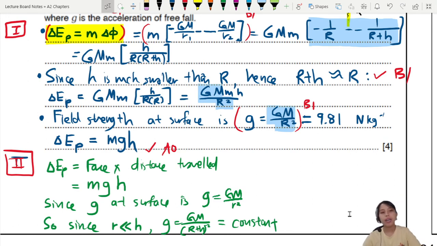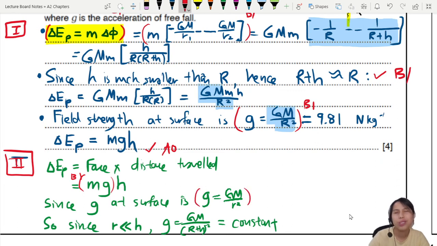So the marks here come from the first mark. If you knew that gravitational force is mg, it's good to write it explicitly, but I shortcutted and didn't write it. So here's B1. Then if you knew that g equals GM over r squared, the gravitational field strength, this is B1. Then if you show the AS equation, work done is force times a certain distance traveled, if you wrote that line out, that is M1.